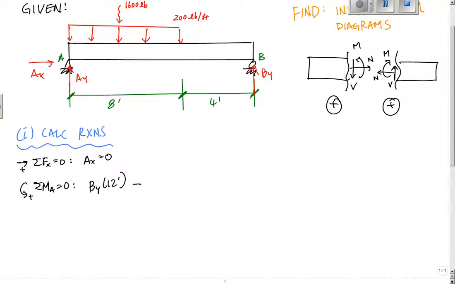So that is BY times 12 feet, minus this resultant, 200 pounds per foot times 8 feet, times the distance from point A to the resultant location, which is 4 feet. And this is equal to 0.